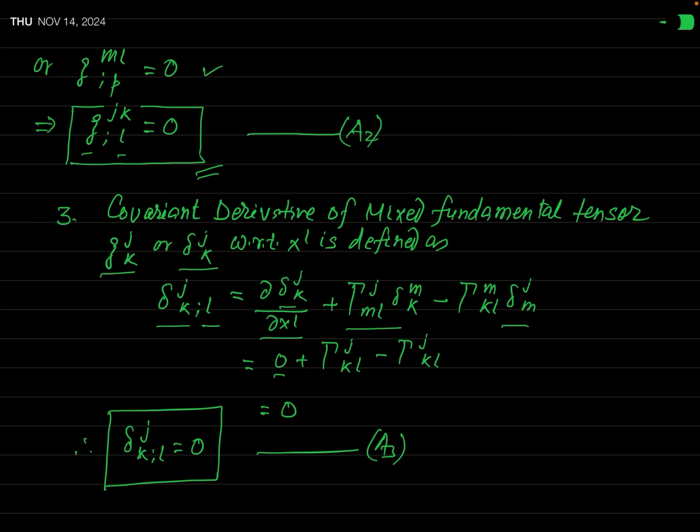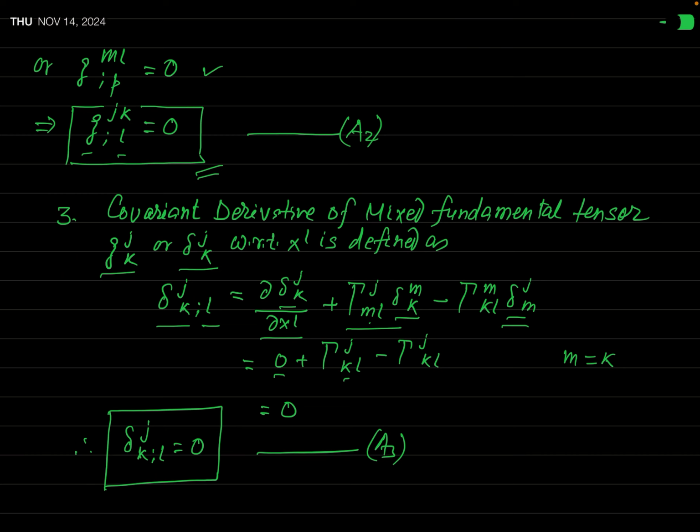And again, when you take m equal to k, then this Kronecker delta will be 1. So instead of m in this second type of Christoffel symbol, we will have to write k. So this is gamma jkl. And again here, this Kronecker delta jm will also be 1 when j and m are equal.